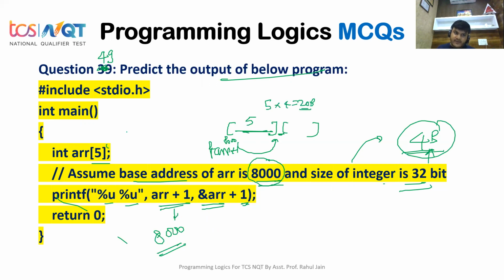Why? Because it is of 5 spaces and we are incrementing the base address of the array, so it will go past the last place of that array. It will consist all the memory locations, and then it will increment. Because &array means it is holding the base address. Hence 8000 plus 20, that is 8020, would be printed from here, right? So these two are the correct answers for this.